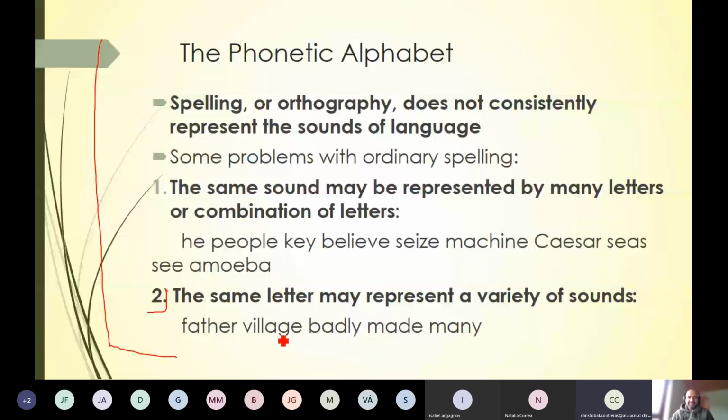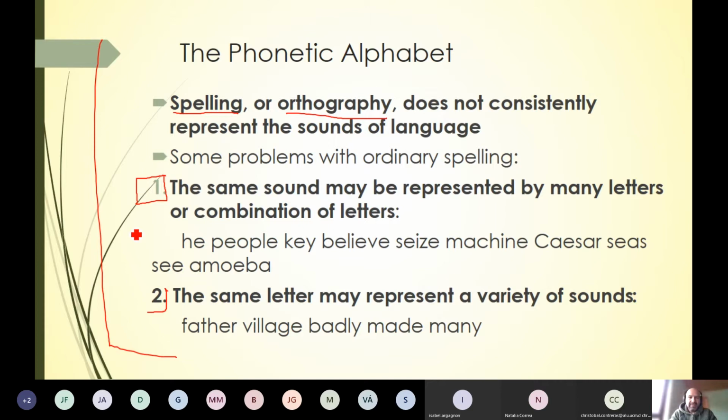Thank you so much, Cristobal. So when we talk about spelling or orthography, the way in which we write letters or words is not consistent in English. Here we have two problems that Cristobal has read. The first one is that the same sound may be represented by many different letters or a combination of letters.